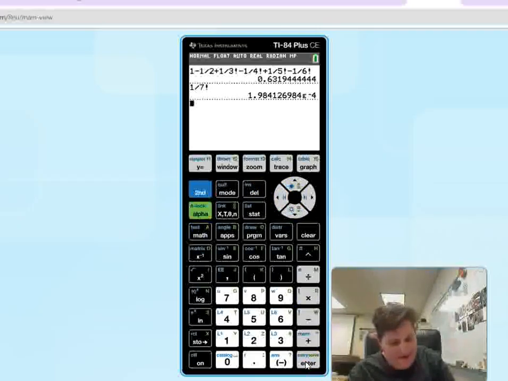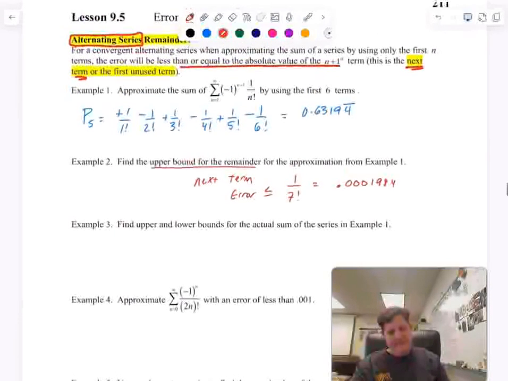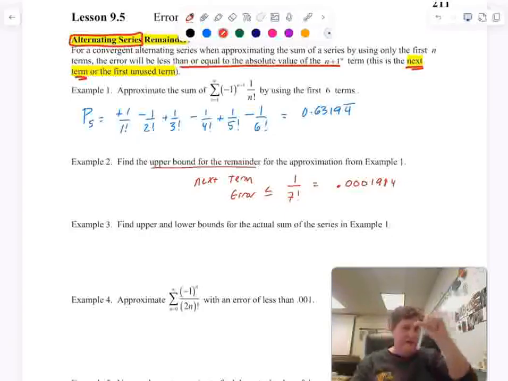Now, that's a little tricky to write, but it's going to be point, remember that the E negative 4 means I go back 4 decimal places. One of them goes past the 1 and then 3 zeros. So 1, 2, 3 zeros, 1, 9, 8, 4, whatever. That's probably good. Okay? That's my error. My error is less than or equal to that. Because it's just like the next term, and it's adding that, and then subtracting, adding, subtracting, adding, but it's all going to get smaller and smaller and smaller as we go.